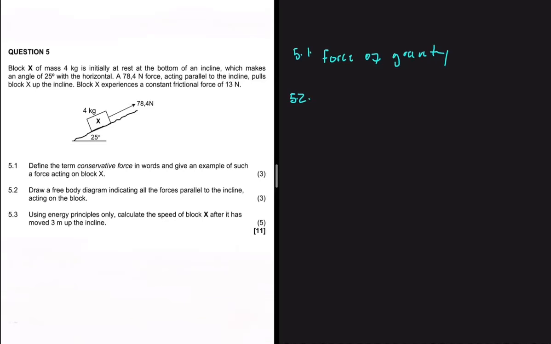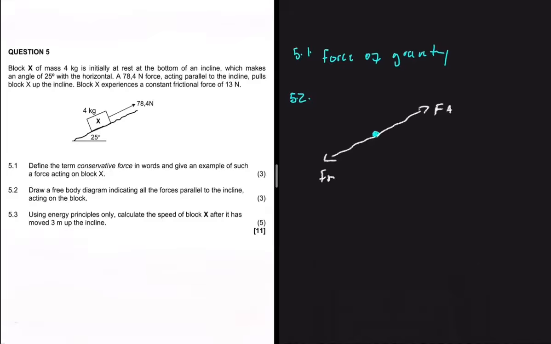Right, so we are interested in the forces acting parallel to the incline. We know that we have an applied force, which is 78.4 newtons, and then we have a frictional force. Another force, which might not be obvious to some, is Fg parallel, right?